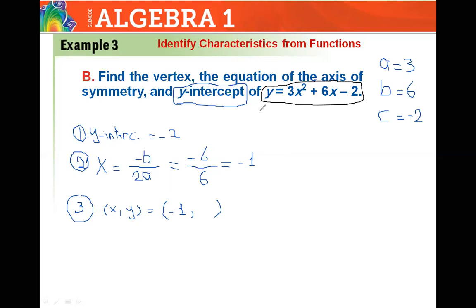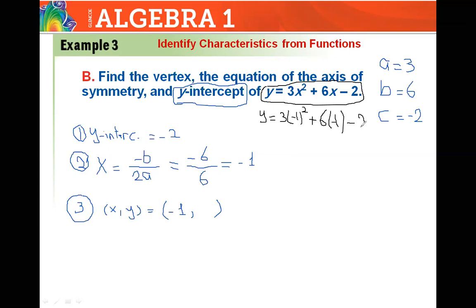So we have y equals 3 multiplied by negative 1 squared, plus 6 multiplied by negative 1, minus 2.